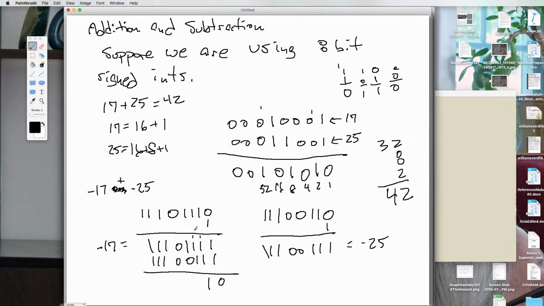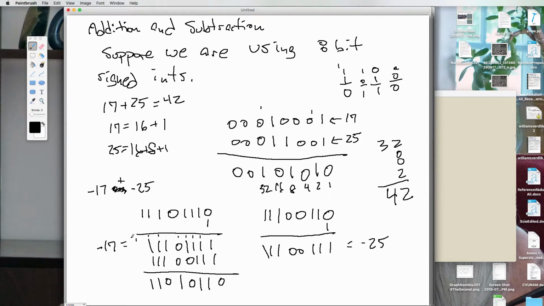Here's 1 plus 1 plus 1, well that's going to be a 1, carry the 1. 1 plus 1 plus 0 is going to be a 0, carry the 1. So there's a 1. 1 plus 1 is a 0, and I carry the 1, and that's going to be a 1, carry the 1, and that's going to be 1 plus 1 plus 1, that's a 1, and I'm going to carry the 1.